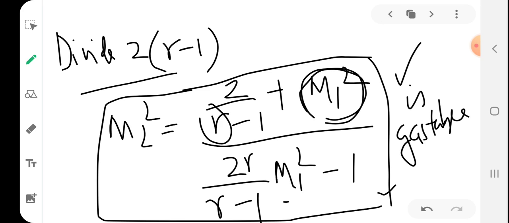Whenever M1 increases, meaning the upstream velocity is supersonic, M2 will definitely decrease.